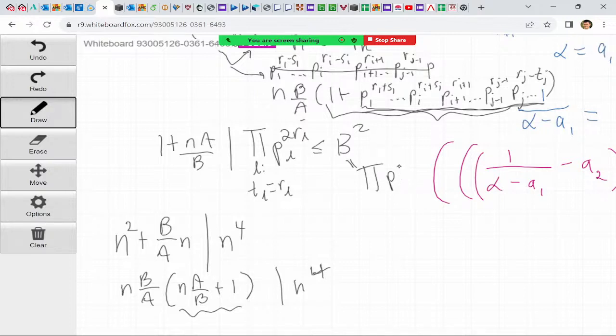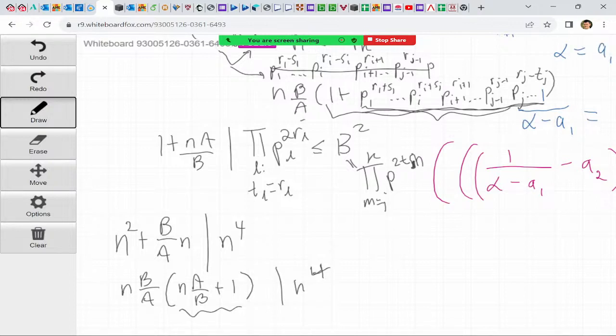So that's the... Oh yeah, we're assuming that this still... Wait, this m equals j, which is k.